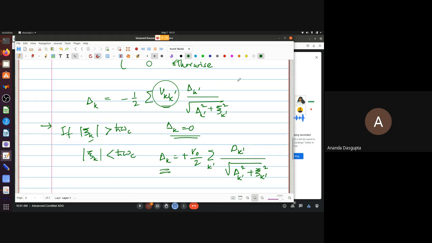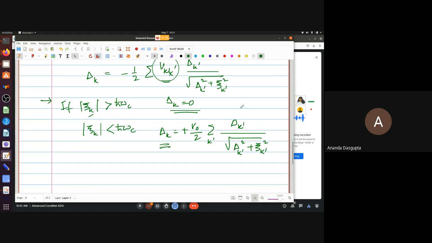But the matrix element between the states with momenta k and k prime of V, that of course depended on k in general. But because we have taken this very simple model Hamiltonian where V k k prime is just a constant minus V0, whenever k is within a particular range, the k dependence on this side goes away. And this means that this is a constant.